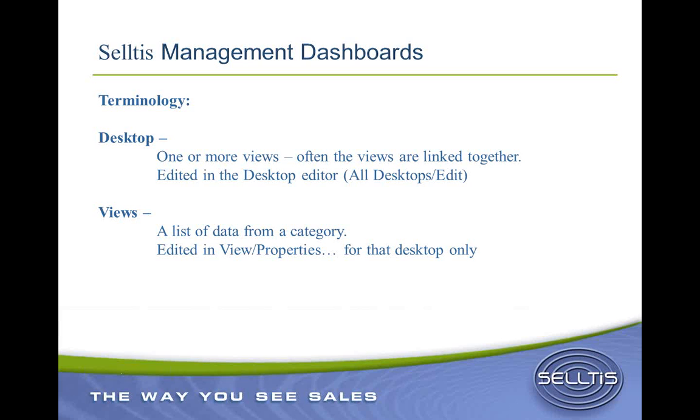So a view then is a list of data from any of the categories in Selltis, whether it be the ones that you often think of, such as opportunities or projects or quotes or quote lines or companies or contacts, or whether it's a little bit more in-depth, looking at division reports or location reports or branch reports. All of these are added in view properties for that desktop only.